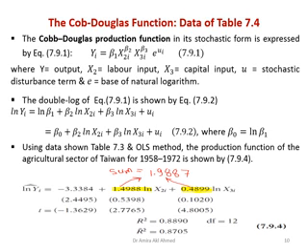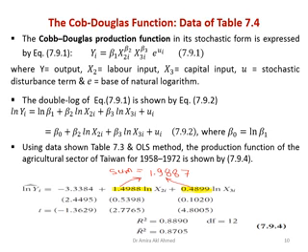Using data shown in table 7.3 for the agriculture sector of Taiwan for the period 1958 to 1972, the OLS method is used to estimate the production function of this sector, shown by the model in equation 7.9.2. Empirical results are shown by equation 7.9.4.